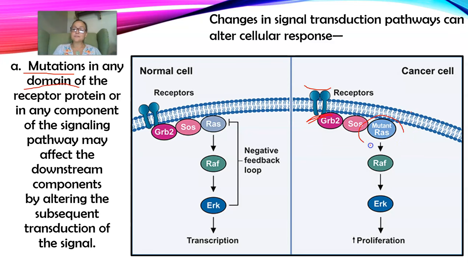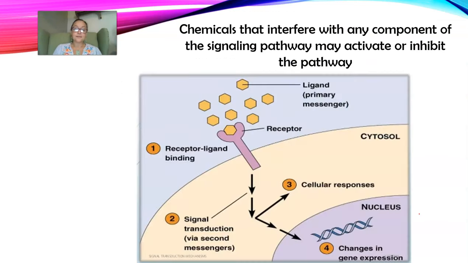Let's pretend that a growth factor, GF, is the normal ligand for this receptor, and ideally it would cause the cell to divide. However, sometimes this relay protein can be mutated and it stays active. So even in the absence of growth factors, this cascade stays on, leading to uncontrolled cell growth.